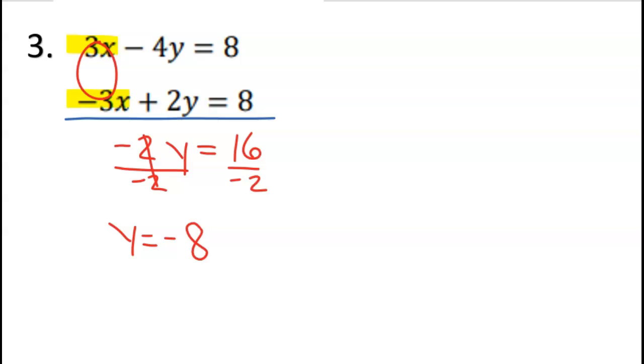Now you go back to your original problem and pick whichever one looks easiest. This one, they're about the same. Somebody said the bottom one looks easier because the 2 is a smaller number than the 4 maybe.